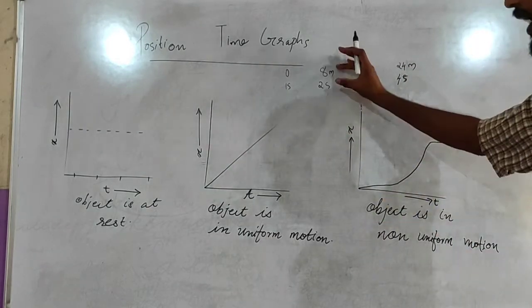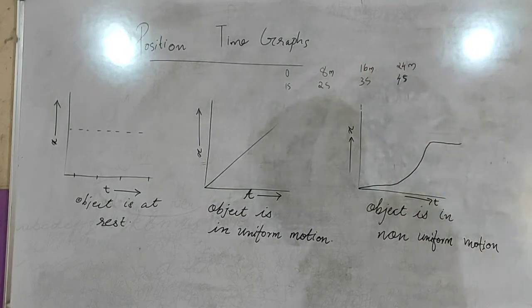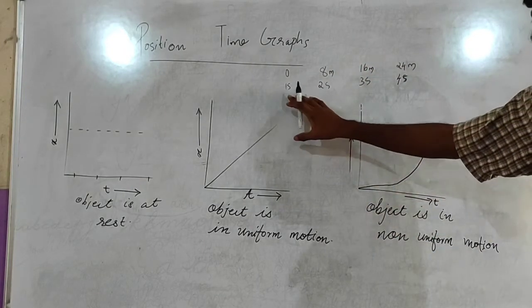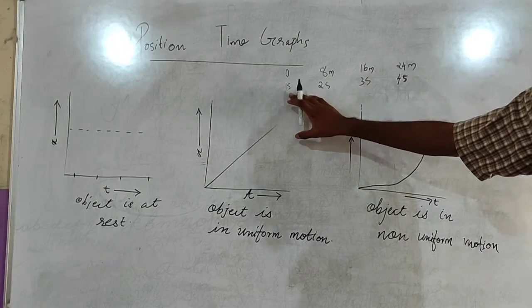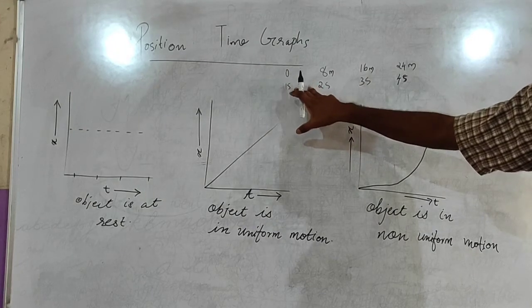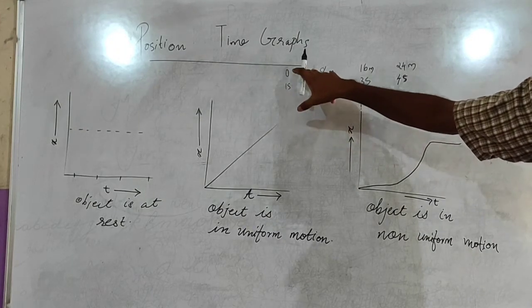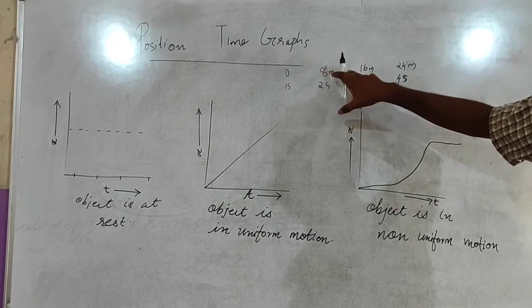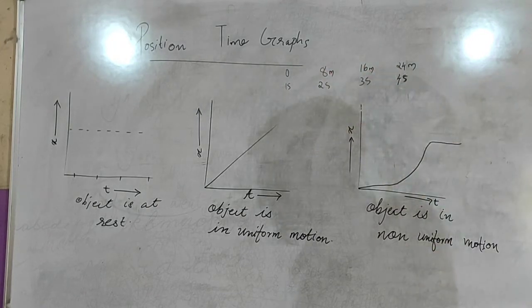If the position and the time interval are like this, then we can say the object is in uniform motion. That means in equal intervals of time the object is covering equal distances.